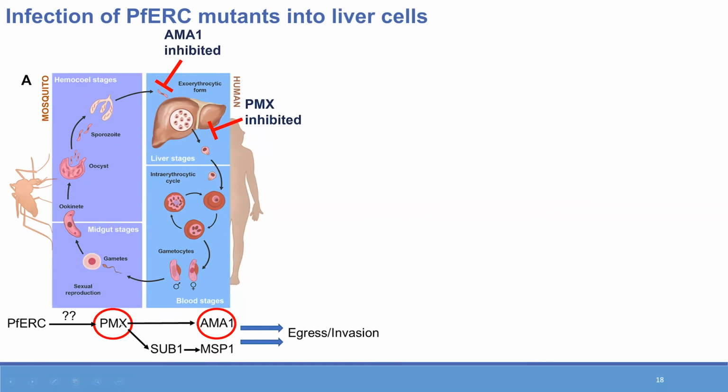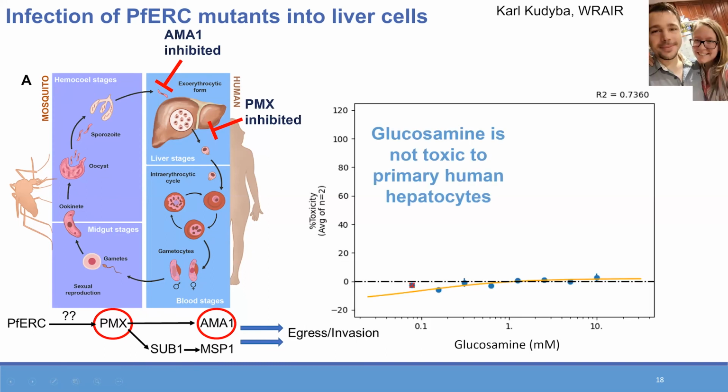Likewise, studies using plasmepsin X inhibitors have demonstrated that plasmepsin X is required for egress from the liver cell, and these are two proteins that are downstream of ERK. In collaboration with my husband, who works in Alison Roth's lab at Walter Reed, we are testing our mutant ERK lines on their ability to invade and egress primary human hepatocytes. So far, what I'm showing here is that we have run a hepatocyte toxicity assay to glucosamine, and even at 10 millimolar, the hepatocytes have not been affected.